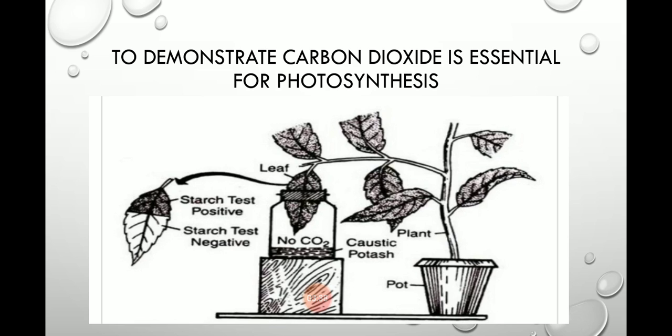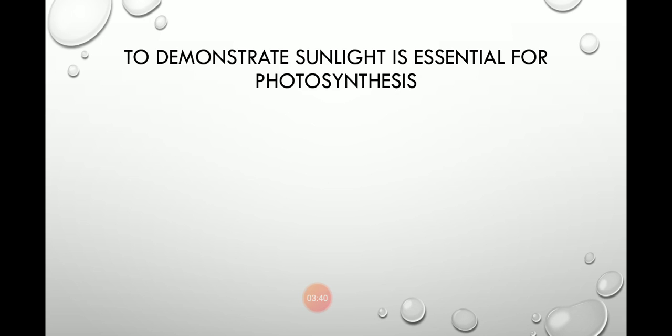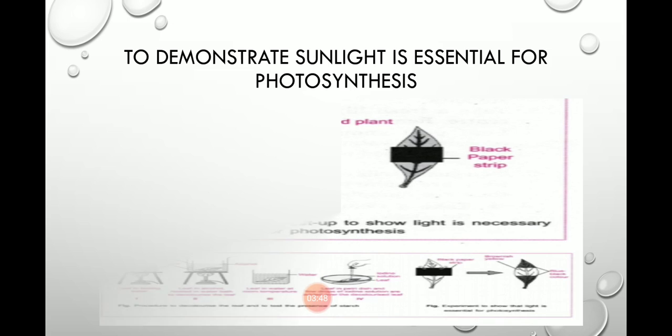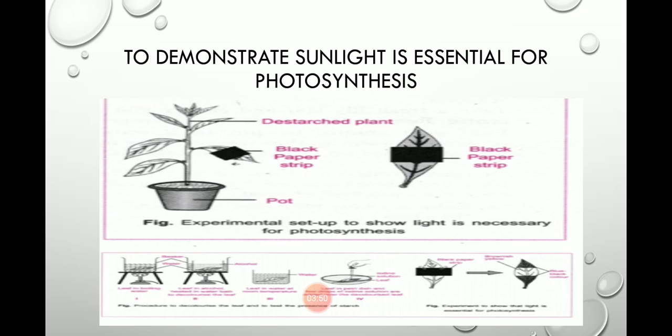Let's move to the second factor, to demonstrate that sunlight is essential for photosynthesis. So how are we going to do this? First of all, see the diagram. We take a potted plant, we keep it in a dark room for some time, and then we bring it out and take one of its leaves and cover that leaf with a black strip of paper.